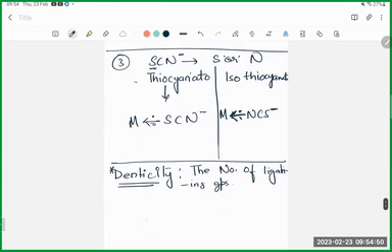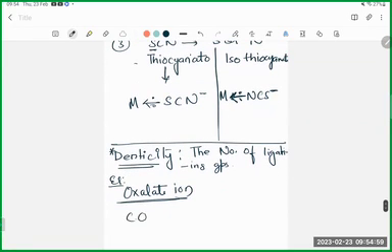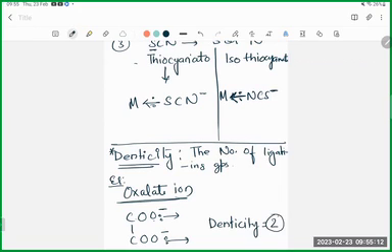So if you have oxalate ion, for example, C2O4 with a minus, one minus over here, one minus over here, it is ligating through the two. So what is the denticity of this ligand? Two. Are you clear?